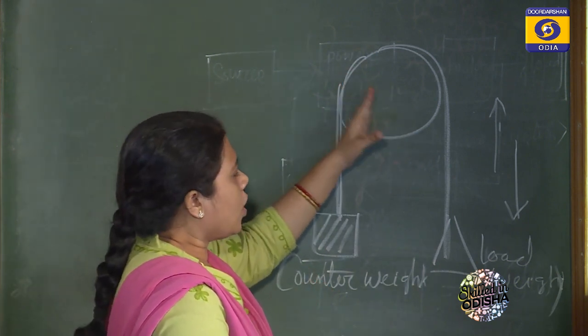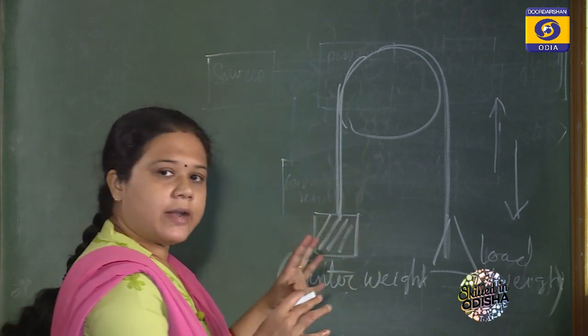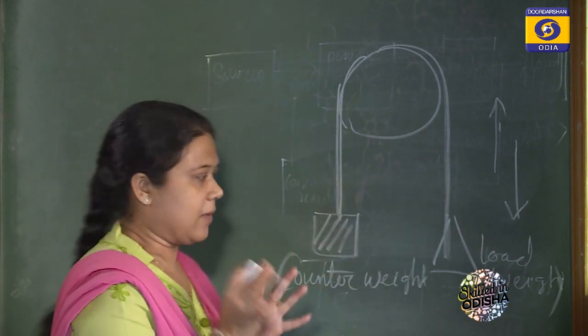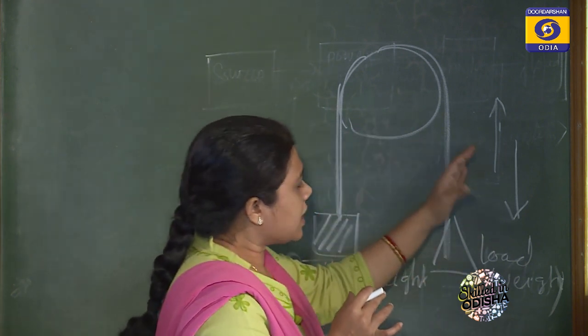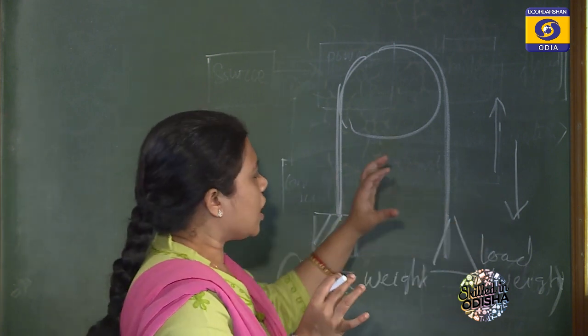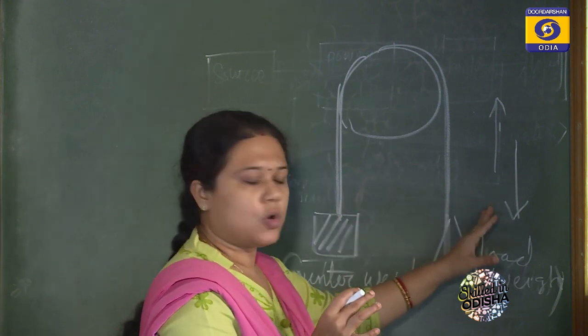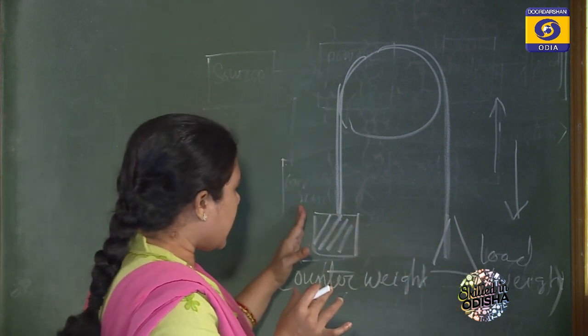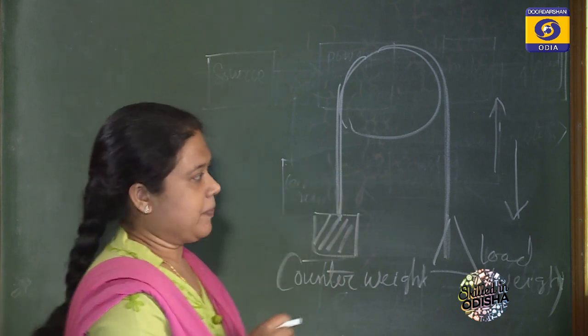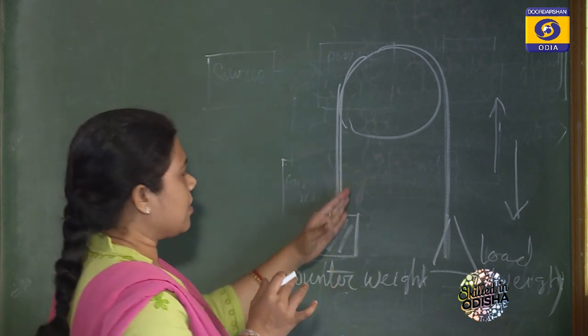If there is no counterweight, meaning no weight opposing the weight of this load side, then the motion of this load will not be controlled. So to control the motion of this load, there should be a counterweight on the opposite side.